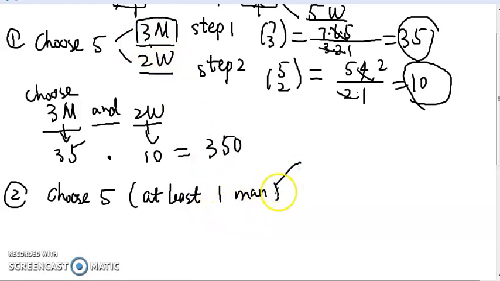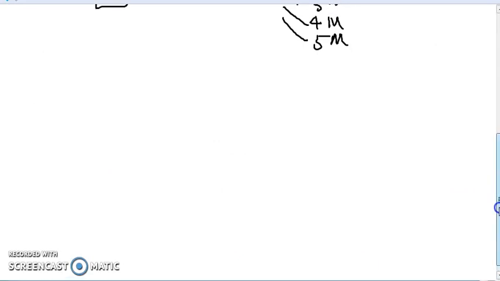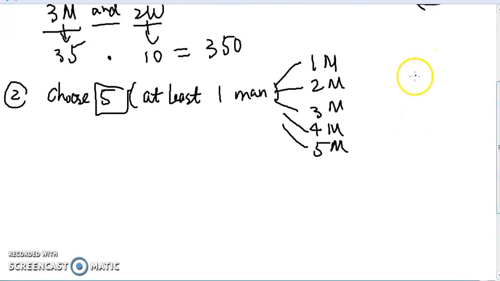At least 1 man includes 1 man, 2 men, 3 men, 4 men, or 5 men. We only need 5 people, that's why I stop at 5. You don't need to choose 6 men because we don't want 6 people. So there are a total of 5 cases that we have to do.